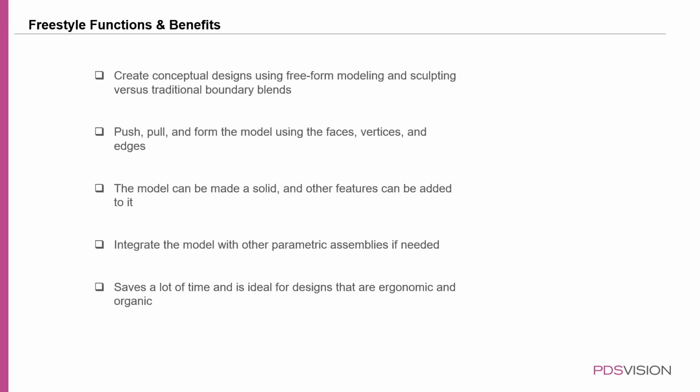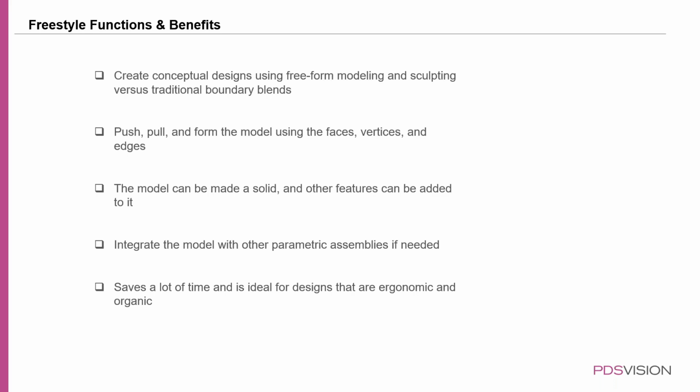This is done by pushing and pulling to form the model using the faces, the vertices, and edges. You can use some sculpting tools within the Freestyle tool as well. If need be, the model can be made a solid later on, and other features can be added to it.